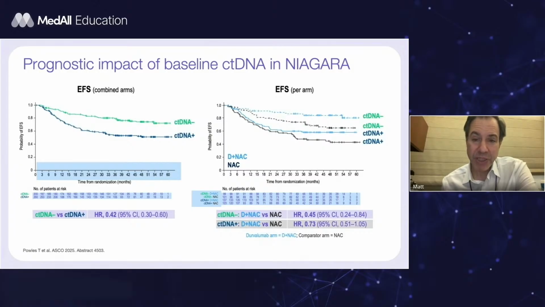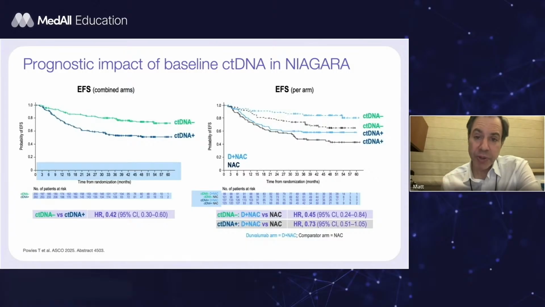But you'll see that patients with undetectable ctDNA in this large study where everyone got perioperative systemic therapy, there's still a decent risk of having an EFS event with an undetectable baseline ctDNA test, arguing that perhaps baseline ctDNA is not ready for prime time using this approach to determine which patients should and should not receive neoadjuvant therapy.